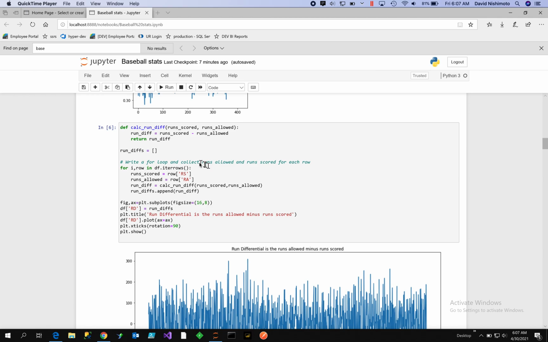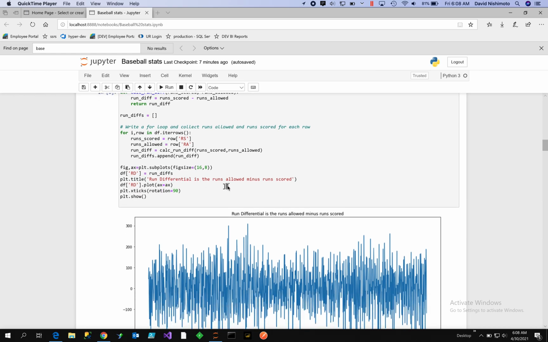Then the next thing we want to do is take the runs scored and runs allowed, and calculate a difference. So just take the runs scored minus runs allowed, and that will give us a run difference. And we'll just put that in RD as run difference. So that's the run differential.